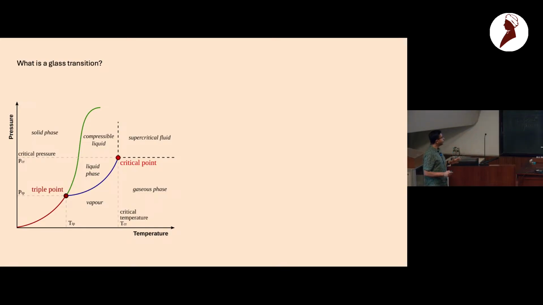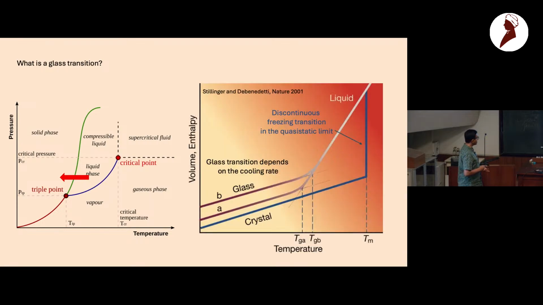So we have learned about liquid-solid phase transition in our high school, and we know that if we are at a constant pressure, then liquid basically undergoes a phase transition to a solid through a discontinuous phase transition. There is a latent heat of freezing, which basically takes the liquid to a solid phase, okay? So what we did not learn in high school is that this process is dependent on how fast or slow you actually cool the system.